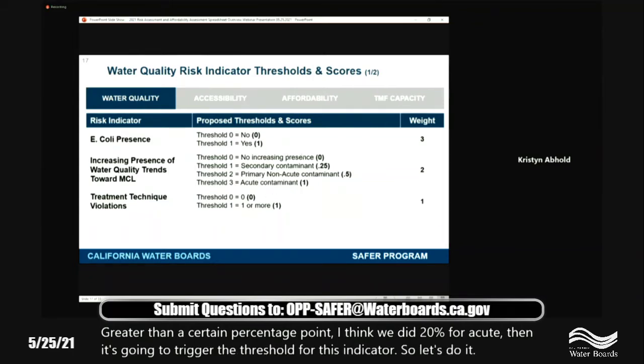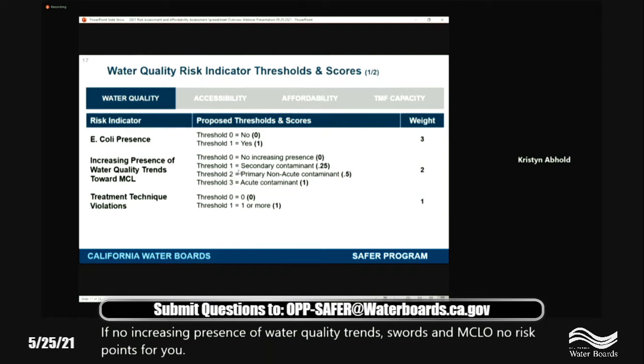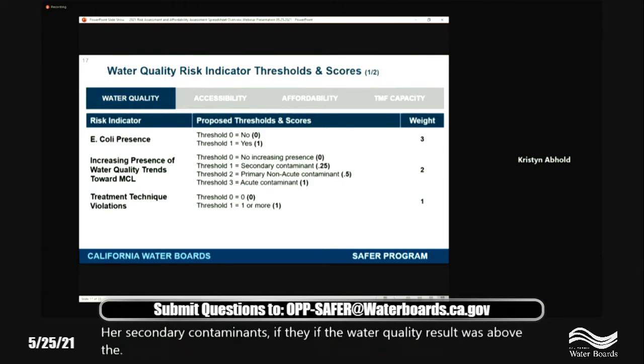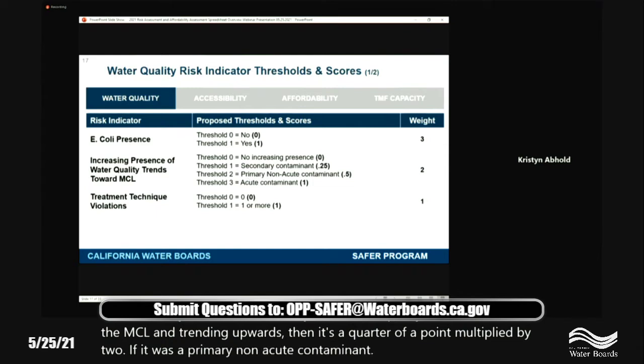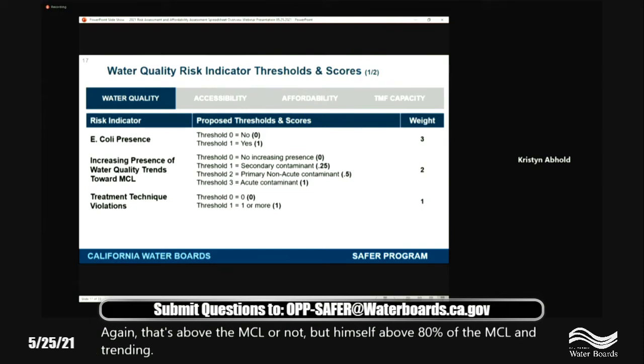So we have, if no increasing presence of water quality trends towards the MCL, it's 0, no risk points for you. For secondary contaminants, if the water quality result was above the MCL and trending upwards, then it's 1/4 of a point, multiplied by 2. If it was a primary non-acute contaminant, again, not above the MCL, but above 80% of the MCL and trending upwards, it's 1/2 a point.